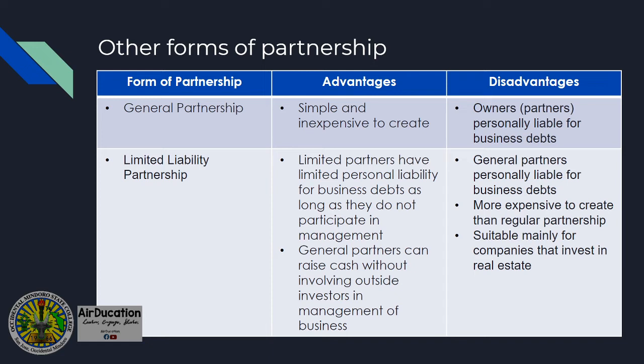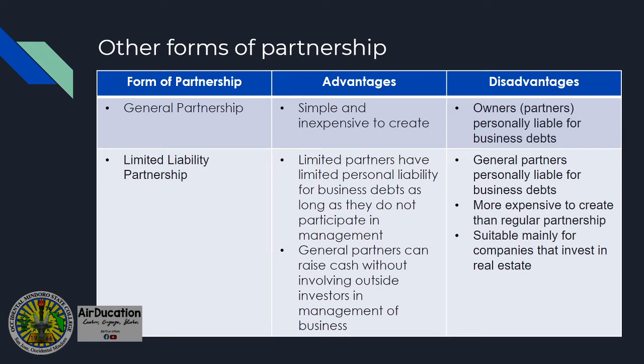Next, general partners can raise cash without involving outside investors in the management of the business. Since general partners can include those people who contribute property and money in the business, they can easily raise cash because there are two or more people helping themselves to survive the business.